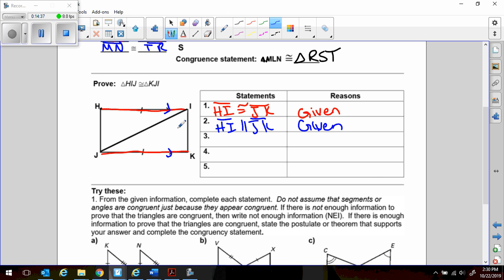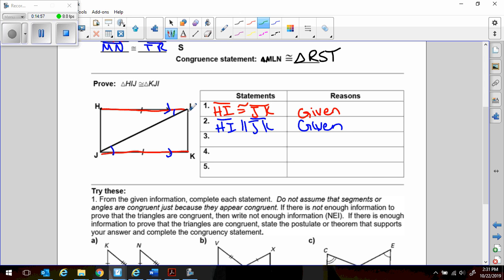Well, if these lines are parallel, then I know that these angles are congruent because they're alternating interior angles. If you want to extend this line, it'll maybe make it more apparent. We learned this in chapter 3. So I know that angle I, but I can't just name it angle I. I've got to use 3 letters.